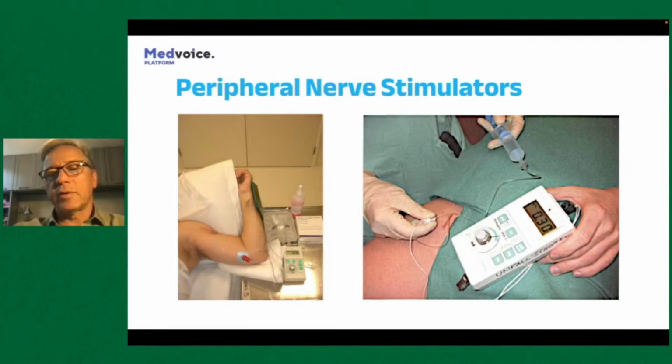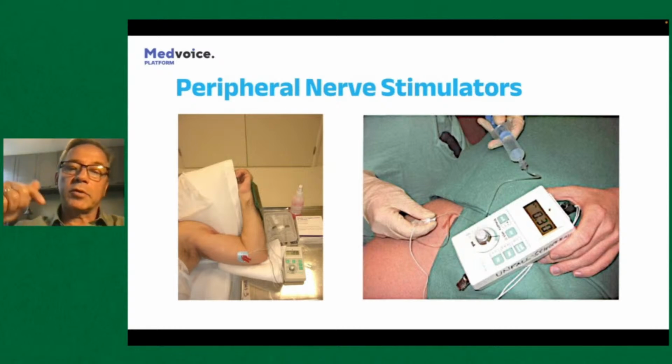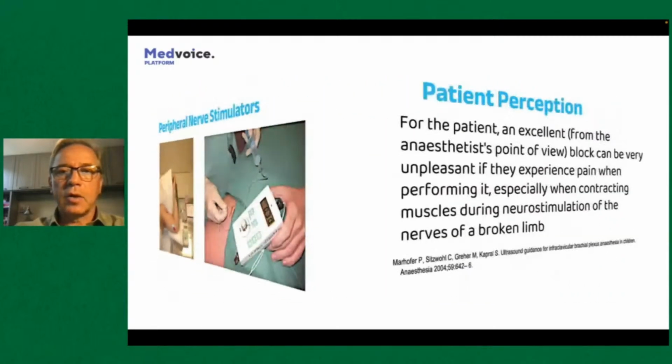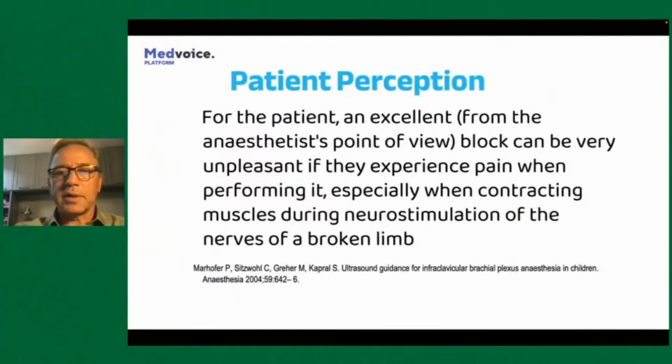If the motor response is still present at about 0.5, 0.3, then you're very close to the nerve. But then the motor response should stop once you are injecting around the nerve. If it didn't stop, you could be within the nerve, so you'll have to withdraw. But still, obviously, this is a blind technique, although better than paresthesia.